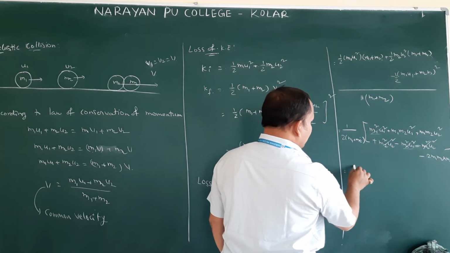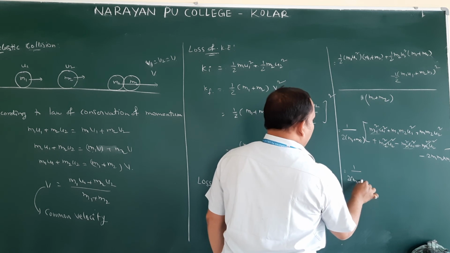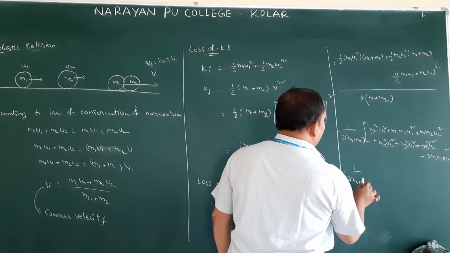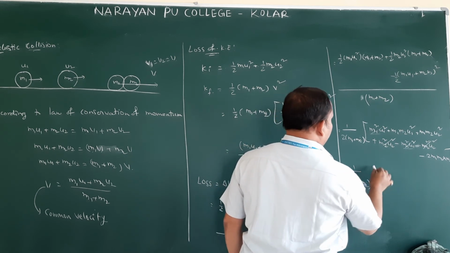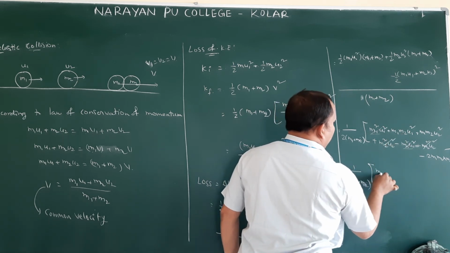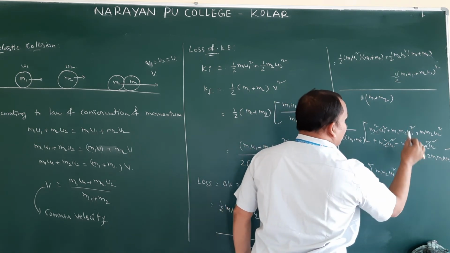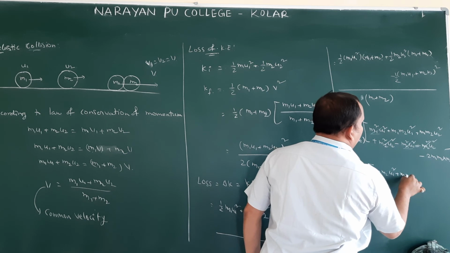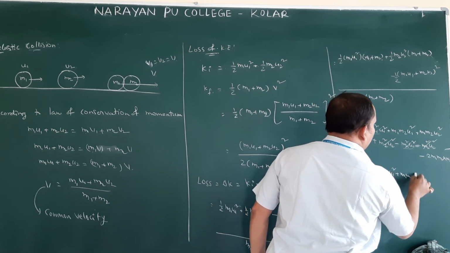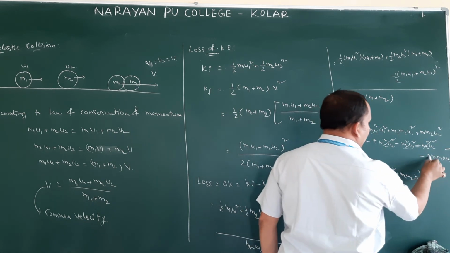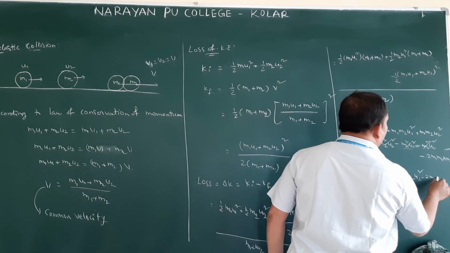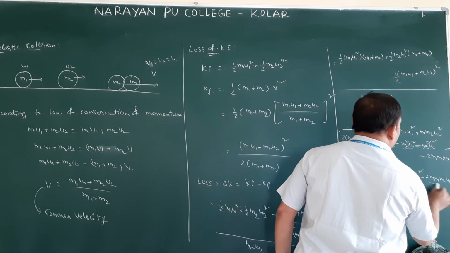Then what remains you can see? 1 by 2 (M1 plus M2) inside: M1 M2 U1 square, M1 M2 U2 square, and here minus 2 M1 U1 M2 U2.